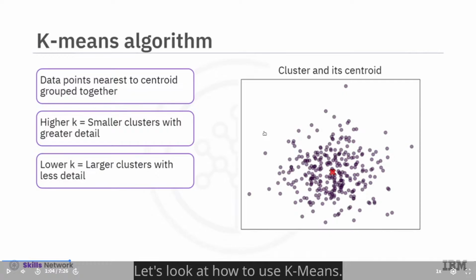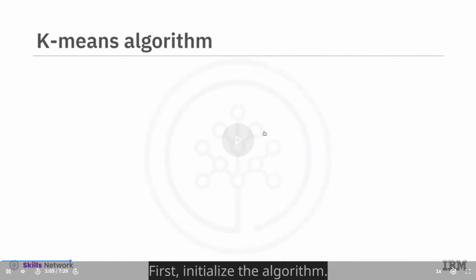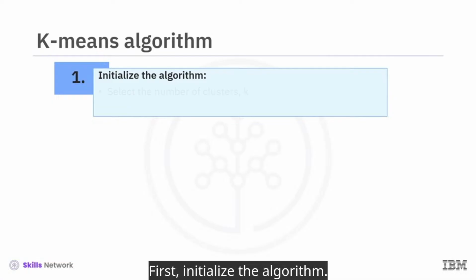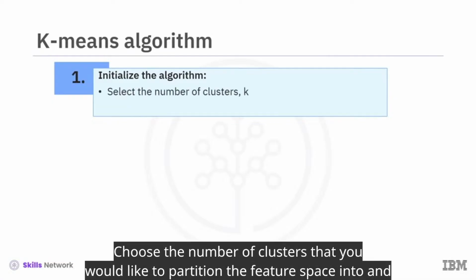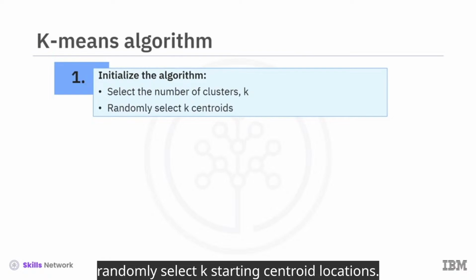First, initialize the algorithm. Choose the number of clusters that you would like to partition the feature space into, and randomly select K starting centroid locations.